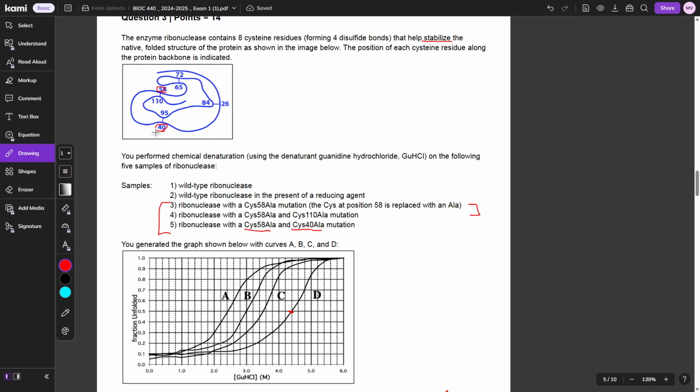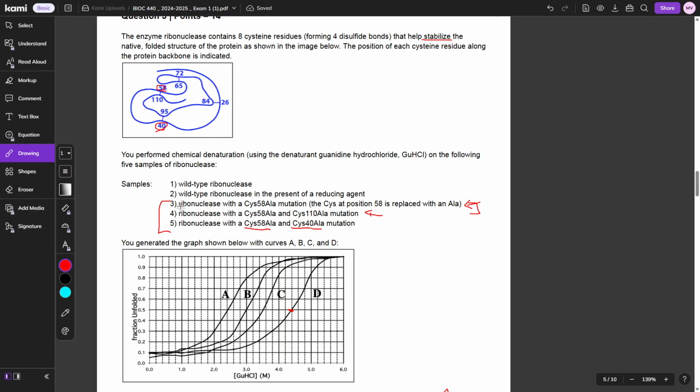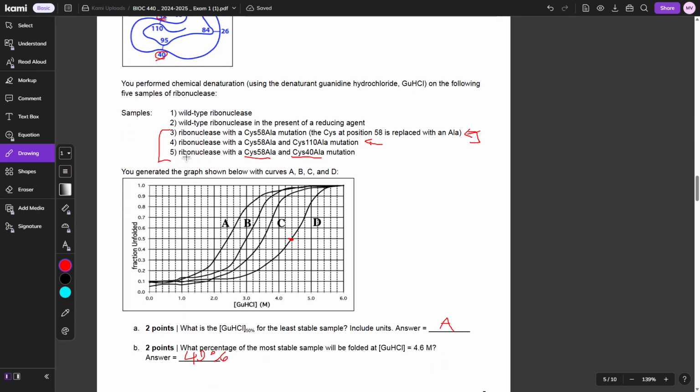But it's definitely less stable than if you just mutate one of the alanines, like we did in the first one, and less stable than if we mutate both of the cysteines on the same disulfide bond. So for that reason, we can say that 3 and 4 are more stable than 5.